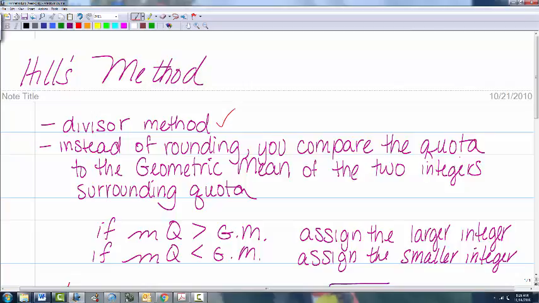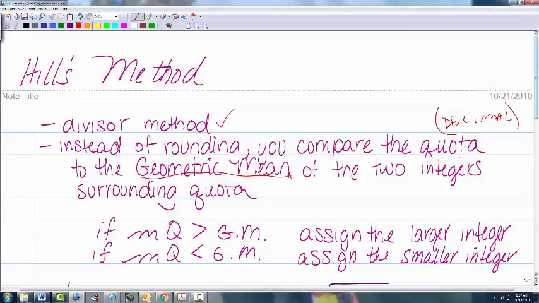So instead of rounding, this is what you need to do. You compare the quota that's in decimal format. So you're going to leave the quota as a decimal to the geometric mean of the two integers that quota is in between. Now don't freak out about what geometric mean is.